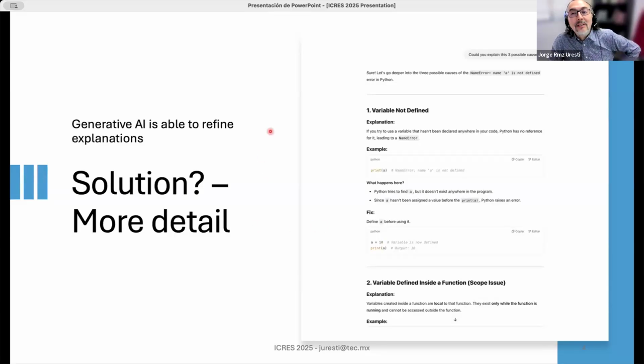For example, in this case, if you ask to explain a little bit further the output, it will give you a better explanation. It will try to exemplify everything that is there and how it works, and tell you a little bit more about that.